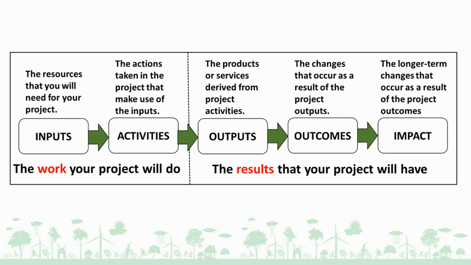So for example, a moment ago I mentioned a vulnerability assessment as an output. Other outputs may be prioritized adaptation measures or setting up a village resilience committee. If I create all of these outputs, then I might expect the village to incorporate climate change vulnerabilities and risks into village level planning.